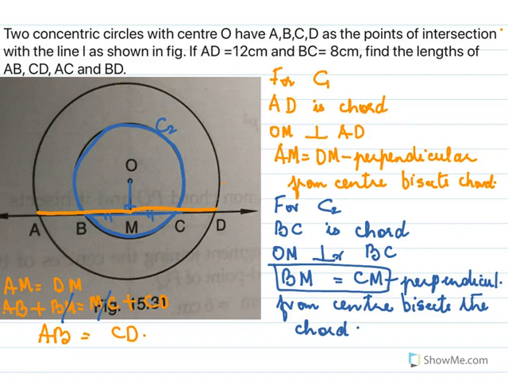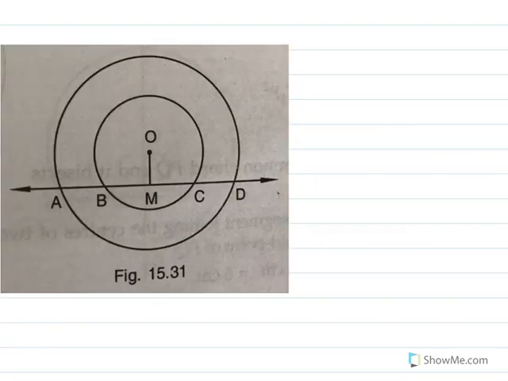So first we had AD. So it was given to us that AD is 12 and here is a perpendicular from the center, and this perpendicular from the center divides it into two parts, one part and the second part.